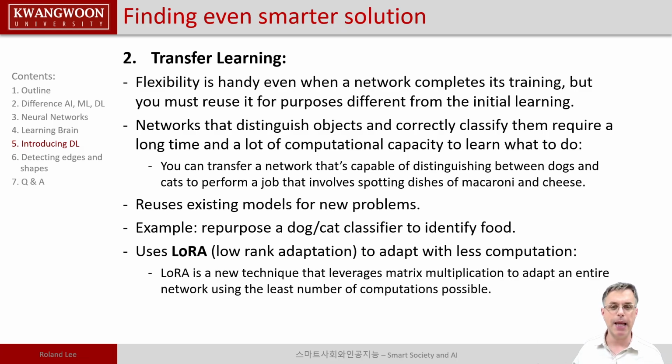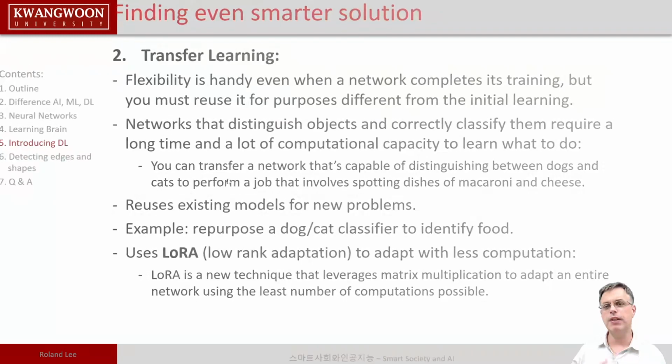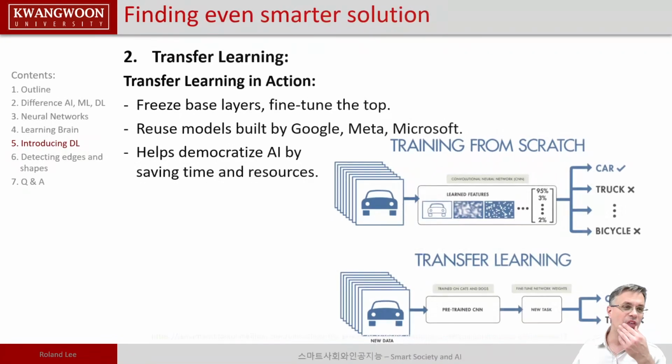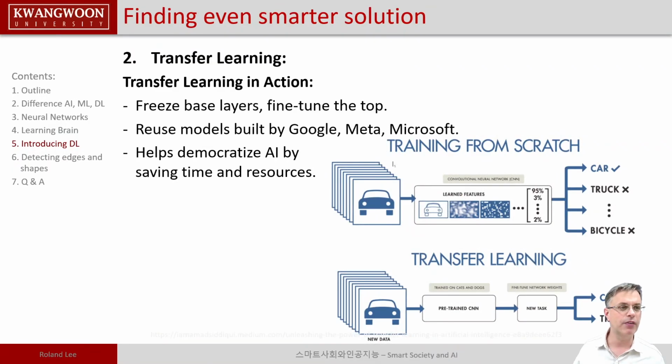This is a step in democratizing deep learning by allowing everyone to access its potential. We continue with using open source frameworks as well. Yes, so you see here democratization of AI to save time and resources. Here you have it. Training from scratch, transfer training.